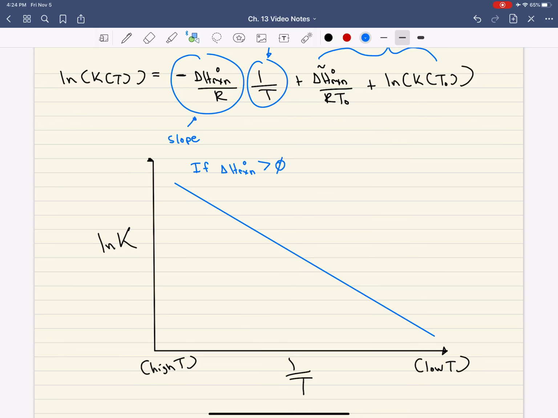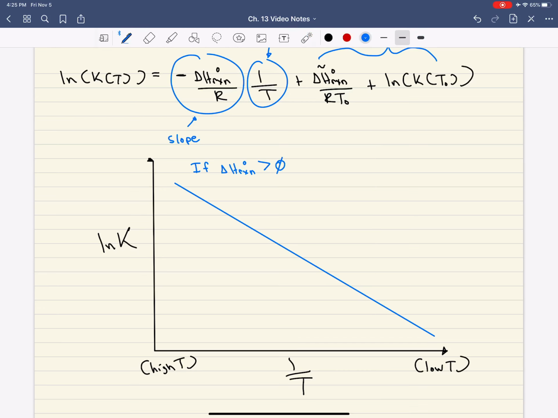Another way to think of it is, as we increase the temperature from low to high temperature, our equilibrium constant is going to increase, and that's products over reactants. So as we increase the temperature of the system, we're going to see more product. The equilibrium is shifted to give us more product.